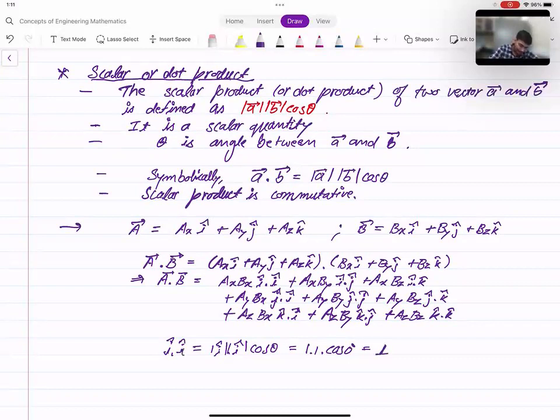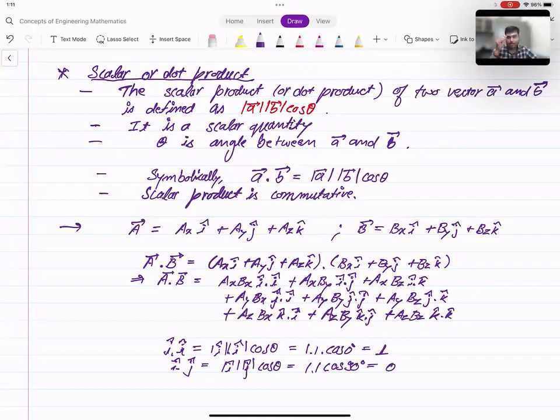So we will ultimately get this product as 1. But if any of the other unit vectors is brought here, suppose we do I dot j, then the magnitude will be magnitude of I, magnitude of j. That is fine. But the angle here will be 90 degree. So this will be 1 into cos of 90 degree, because they are perpendicular, and cos 90 is 0, so this product comes out to be 0.